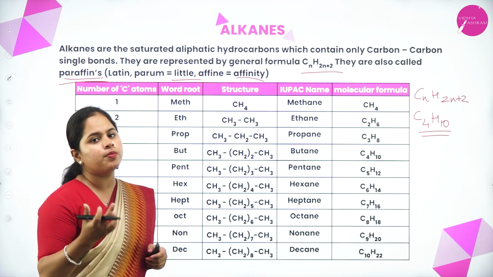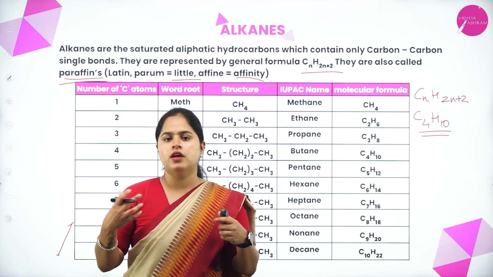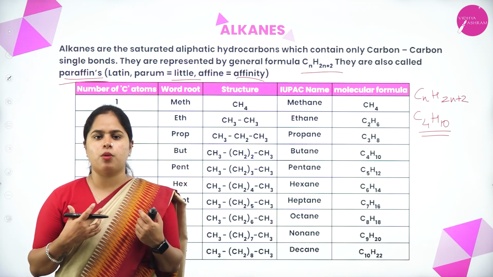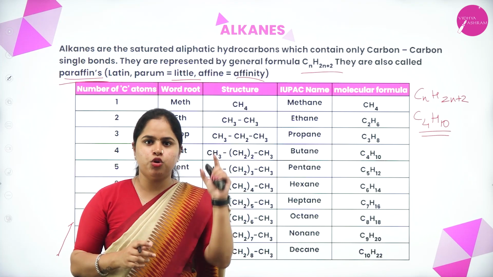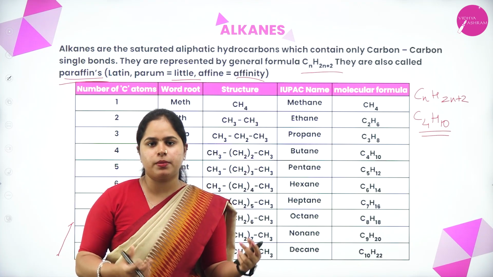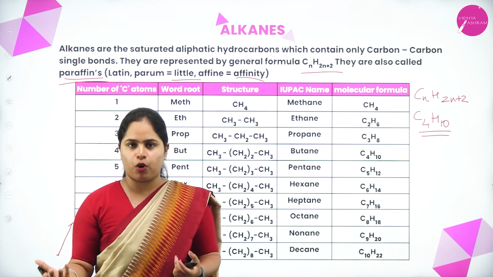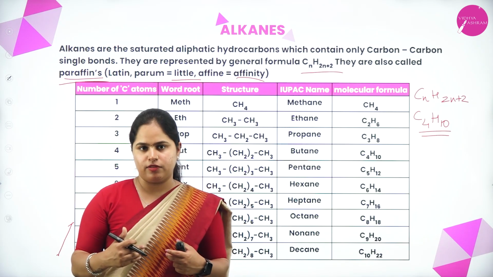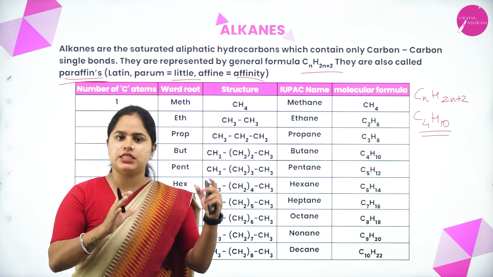The IUPAC nomenclature you have already studied in your organic chemistry chapter. When we study the IUPAC nomenclature of alkanes, what you have to remember here is the root word or word root: if you have 1 carbon atom, it is meth, 2 carbon atoms, it is eth, 3 carbon atoms, it is prop. You are already familiar with that. Now you have to use the suffix relating to alkane.